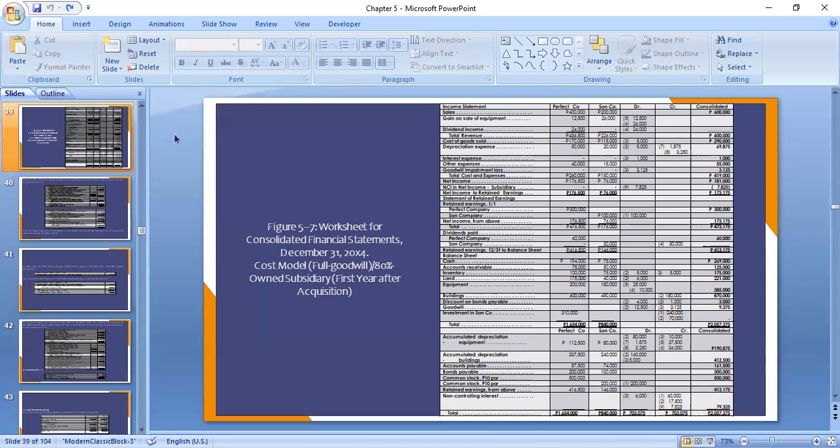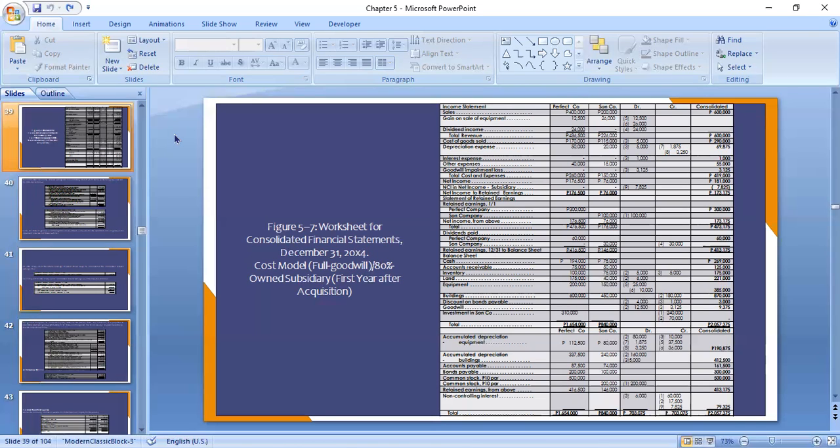So you can find it in the second column for the credit. But anyway, we have the elimination of the gain on sale of equipment; the balance of this is 0.